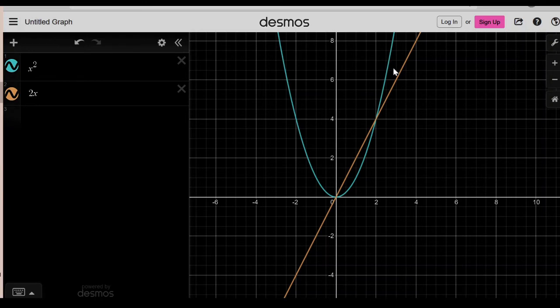So, the derivative will always be a positive number on the right side of the y-axis. That is reflected by the fact that 2x is going to be a positive number and has a positive output everywhere to the right side of the y-axis.